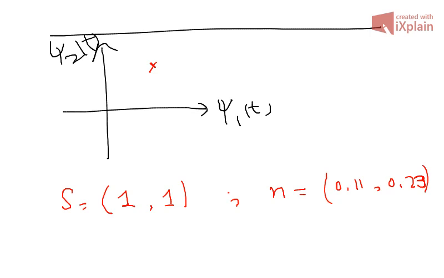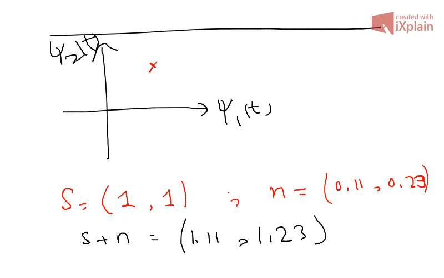If my signal is corrupted by this noise, what will happen to my received signal is it would be signal plus noise. So the signal plus noise coordinates would be 1.11 and 1.23. This will be the coordinate for signal plus noise.